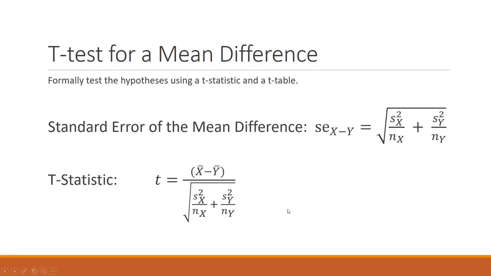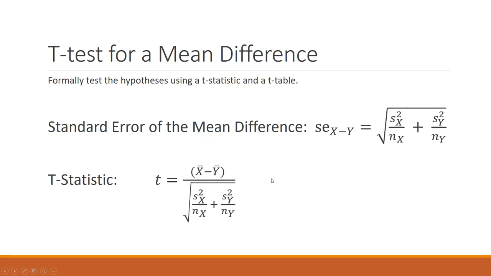And the way that we do that, we test it using the t-test, using a t-statistic, just like we did before. But our t-statistic is here, where we have the difference. We have the average income for people that finished high school minus the average income for people that did not finish high school.